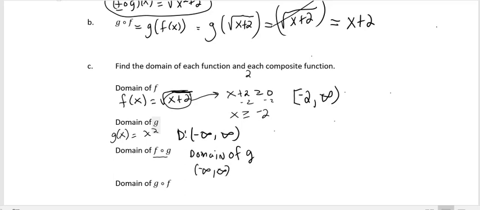And now the composition of f composed of g, our answer to that was this, right? So here, do we have a square root? Yes, so that means there might be some numbers that we cannot use, okay? But then notice that we run into this issue here.